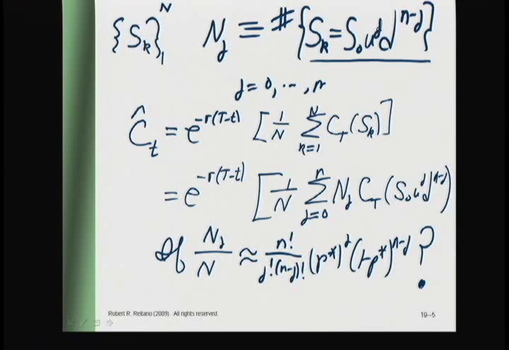If I look at the percentages, the percentage of my generated stock sample that equaled this jth price, and that's what N_j over N is, right? It's the percentage or the proportion of my sample that's equal to the jth price on the lattice. Is that approximately equal to that probability?